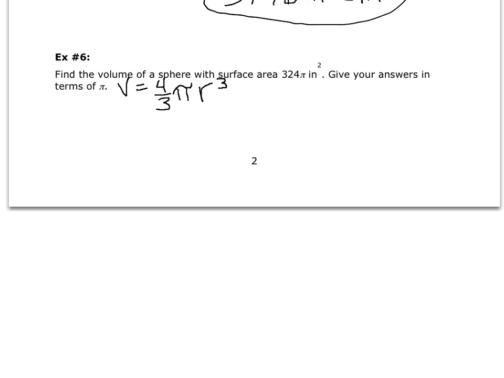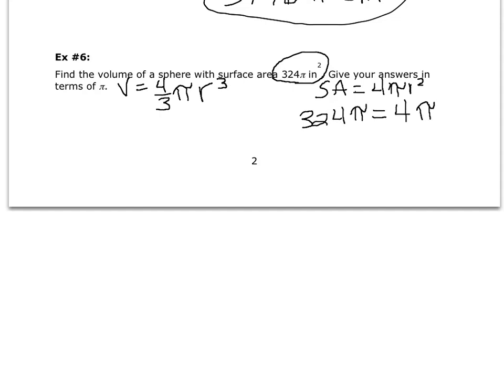So what I need to do is figure out how to find my radius from surface area. So I'm going to think about my surface area formula, 4 pi r squared. If I know my surface area, I'm going to begin there. So I'm going to start with 324 pi equal to 4 pi r squared.